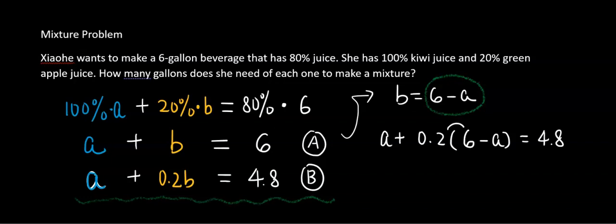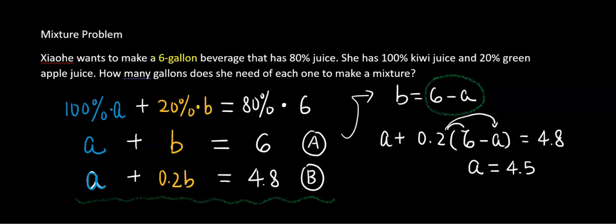And you can use distributive property. And then you're going to combine like terms. To save the time and space, I'm going to write down what A is, okay? And A is 4.5.